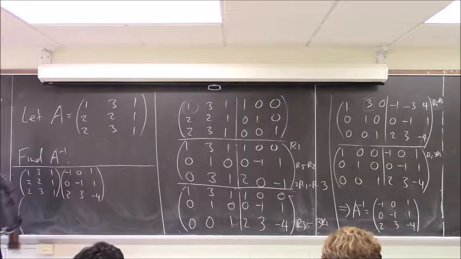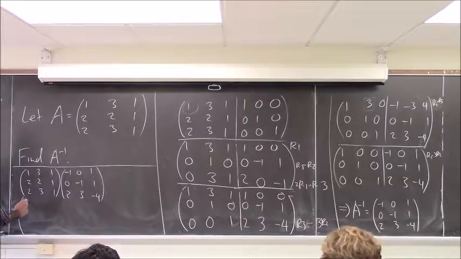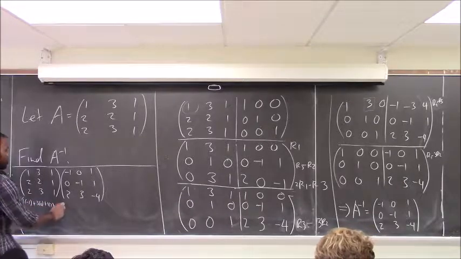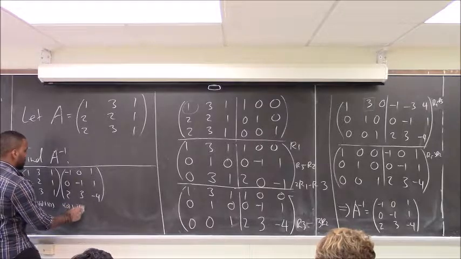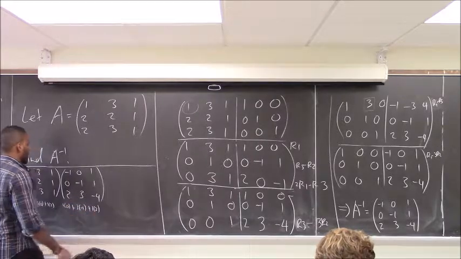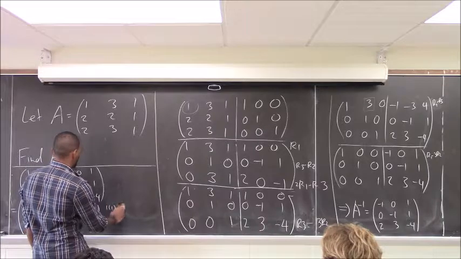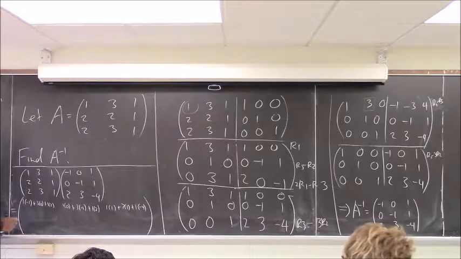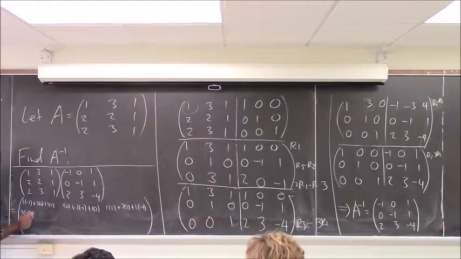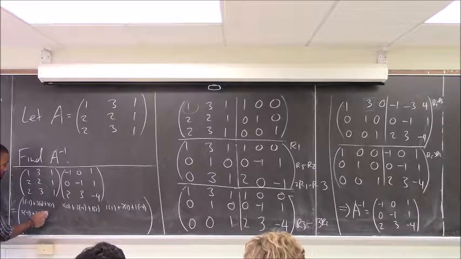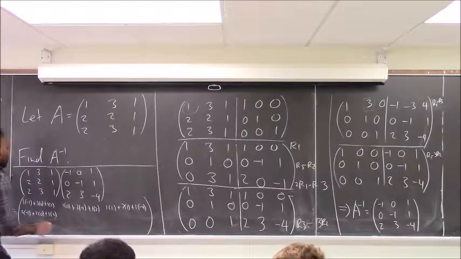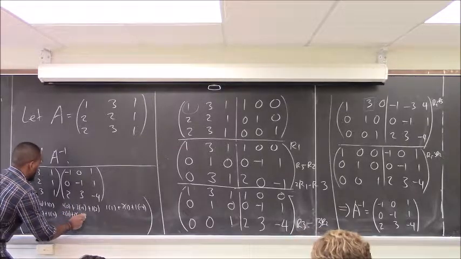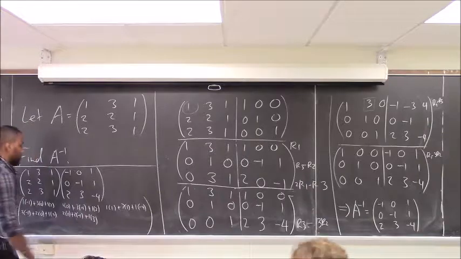So let's see. I have 1 times minus 1 plus 3 times 0 plus 1 times 2. Then I have 1 times 0 plus 3 times minus 1 plus 1 times 3. Then I have 1 times 1 plus 3 times 1 plus 1 times minus 4. And I'm going to have 2 times minus 1 plus 2 times 0 plus 1 times 2. Then 2 times 0 plus 2 times minus 1 plus 1 times 3.